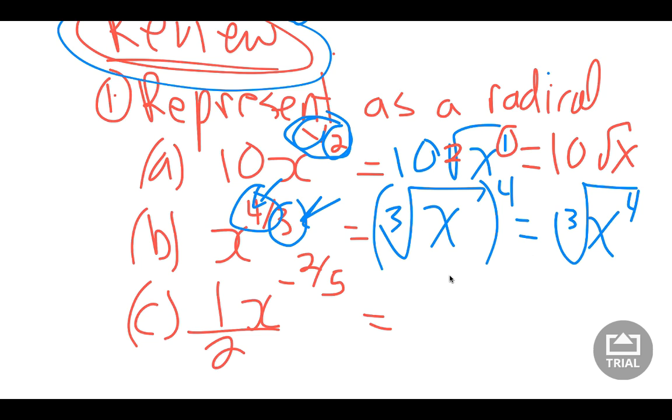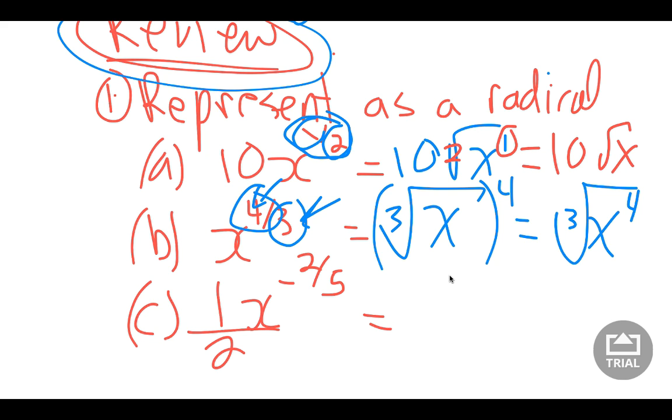Okay, so you can see that in both of those cases, that represents the third root of x, all raised to the exponent of 4, or the third root of x to the 4th. These are equivalent representations of x to the 4/3.